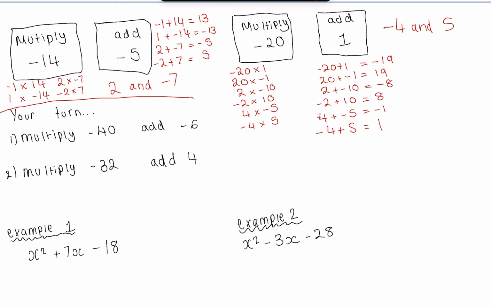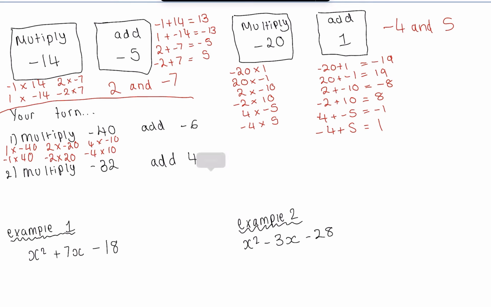Okay, so -40 then. Let's have a go at listing some factors. So we've got 1 and -40, or -1 and +40. We could have 2 and -20, and then making sure to swap the negatives around. We could have 4 and -10, or the 4 could be negative.